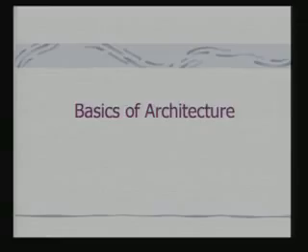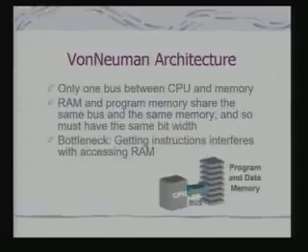Now, we shall review computer architecture before we go into details of this microcontroller architecture, because that would provide us the proper background and perspective. All of us are familiar with classical von Neumann architecture. Here what I have got?